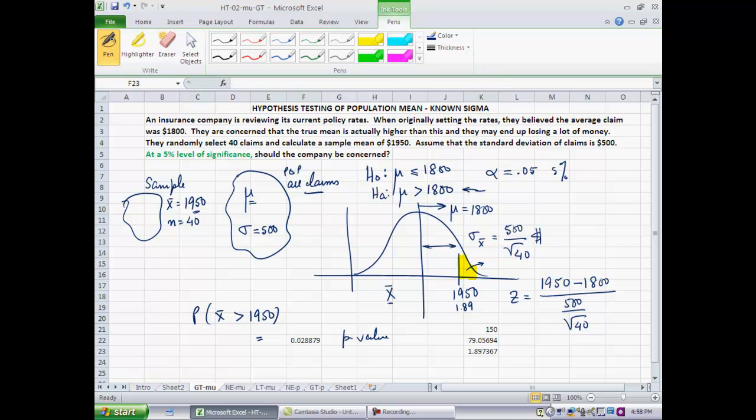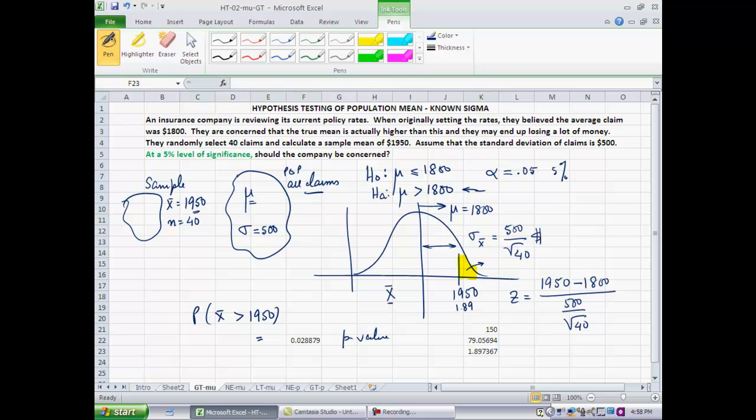We are saying mu is greater than 1800, so we are computing the right side tail. So what we are saying here is, if the true population mean, the average of the claims that this company received, was in fact $1,800, then there is only a 2.8% chance that I would have seen a sample statistic of $1,950 or more.